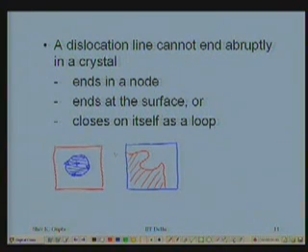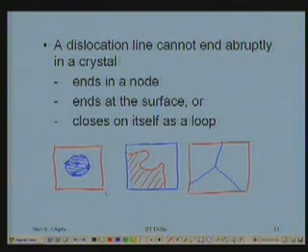Right, and when it meets in a node like this, then there are three parts meeting. One is slipped relative to the other, and this is slipped relative to this.